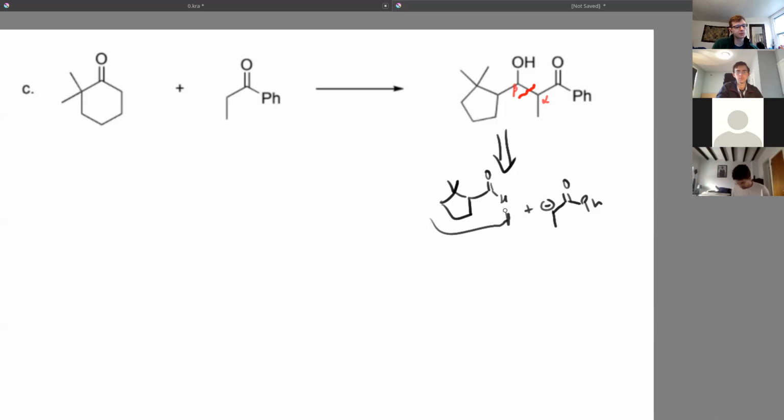But essentially, though, it is right to think that we want to use the carbonyl to break the cyclohexane.